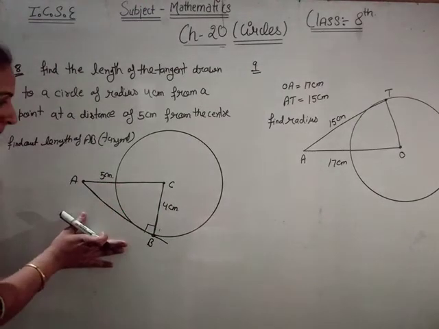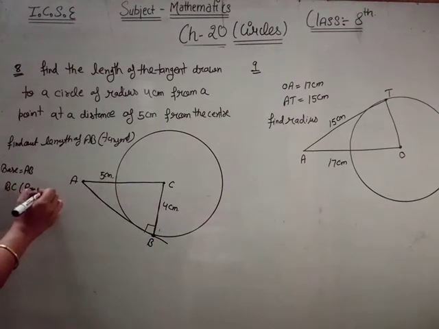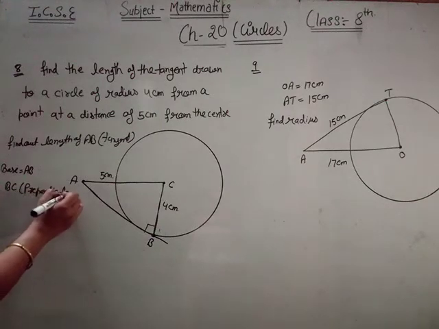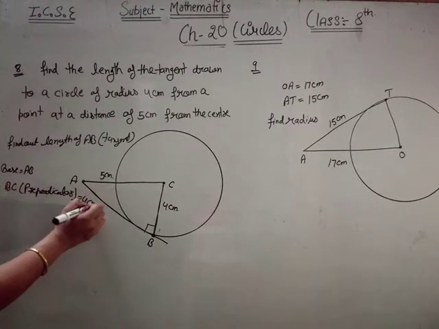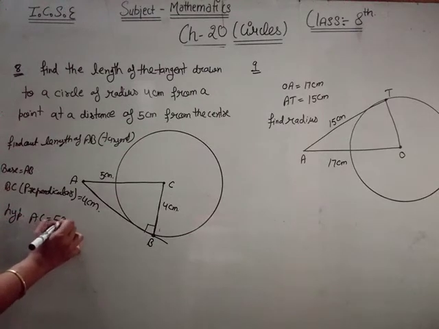Then base AB, we write base AB and next is BC, perpendicular BC is equal to 4 cm and hypotenuse AC equals 5 cm.